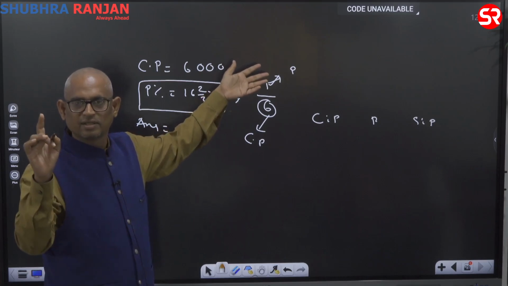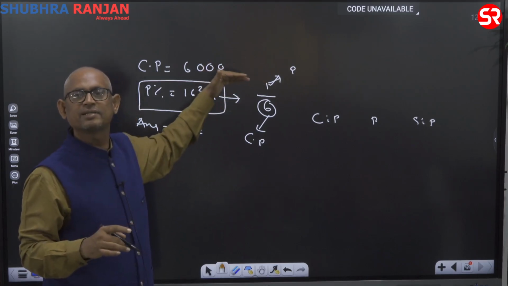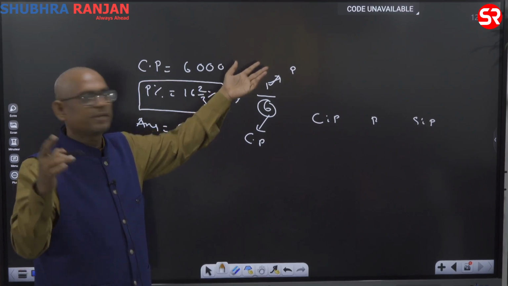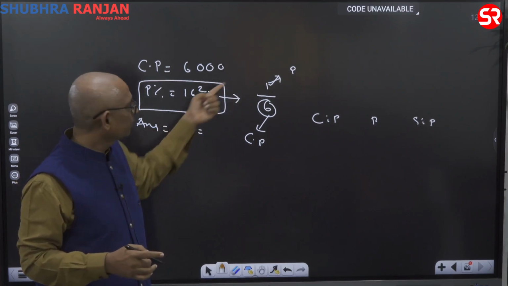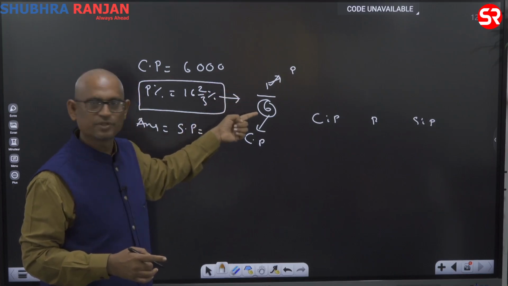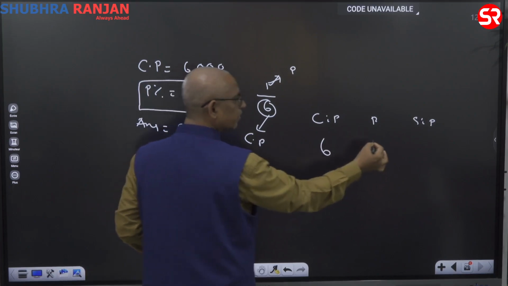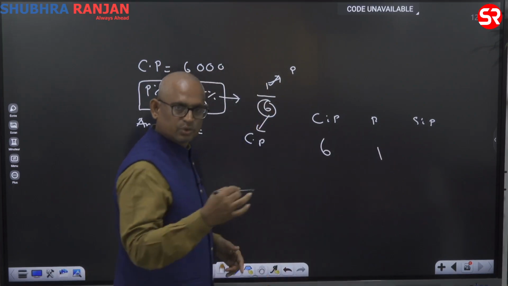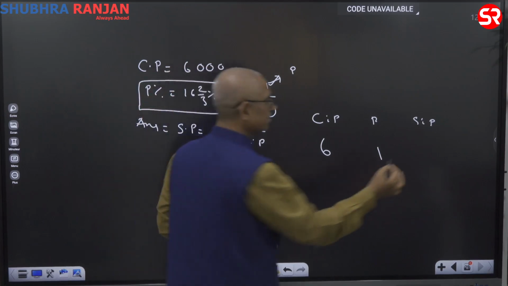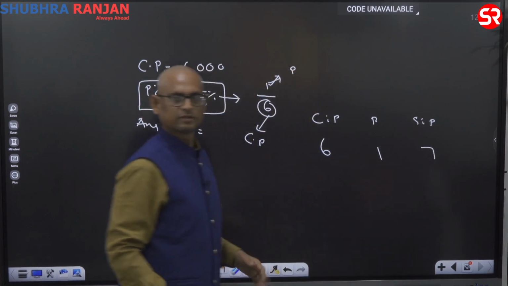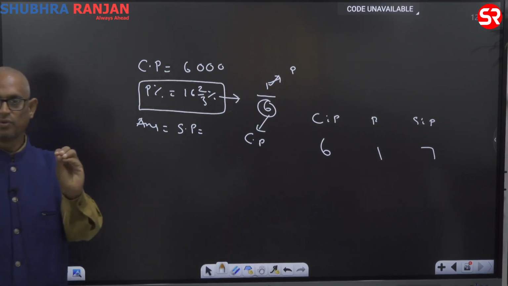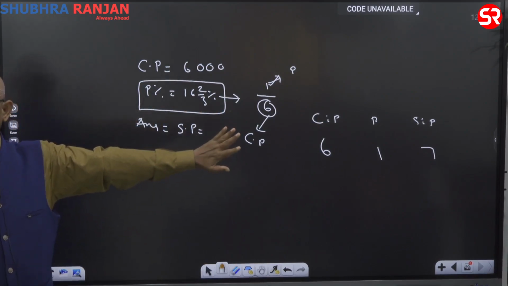Not only one, the denominator is the source and the numerator is the requirement. So your requirement is 16 2/3% profit. So this is the profit you are getting out of this many units. So out of 6 units you are getting how many units of profit? 1 unit. So the selling price is how many units? 7. That's all. Now, is it okay with you all, everyone?